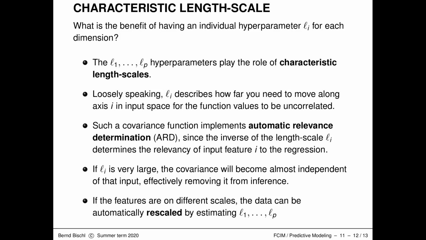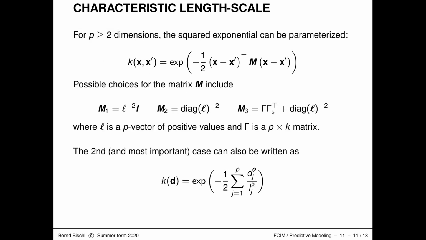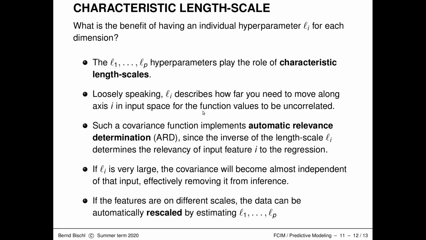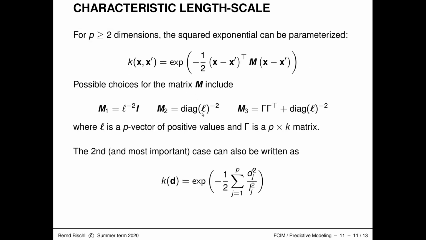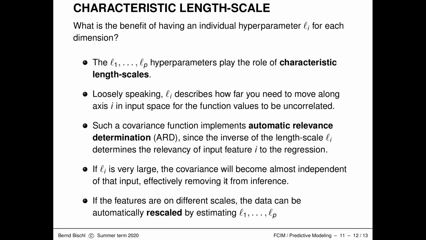They describe how far we need to move along an axis i, either in input space or along another predefined, more complicated direction, for function values to become uncorrelated, as before in the simple case where we only had one L. And such covariance functions, especially this second one, is what we often call the automatic relevancy detection kernel, since the inverse of the length scale Li determines the relevancy of the input feature i to the regression.